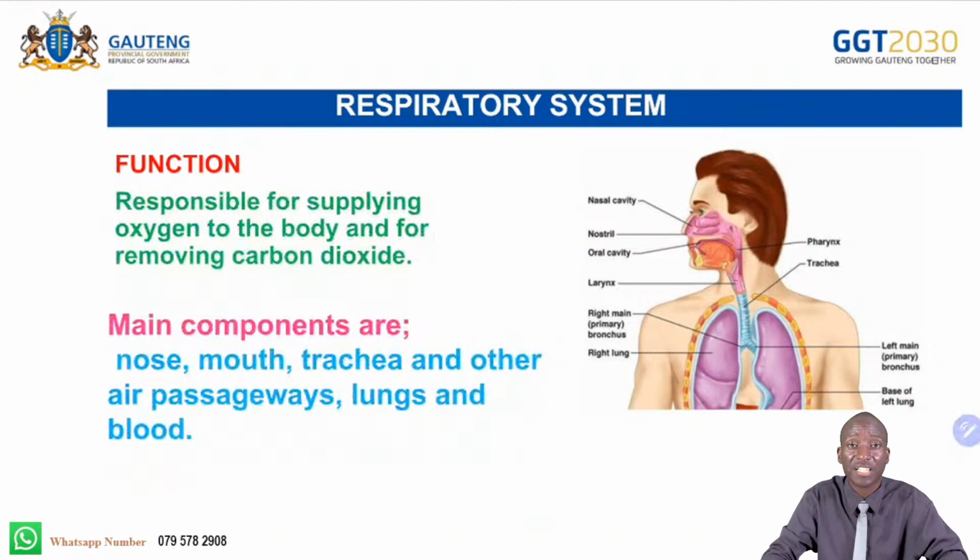Let's look at the structure of the respiratory system shown there. That's the nasal cavity, the nose, with the nostril, the oral cavity, which is the mouth, with the pharynx and the trachea.